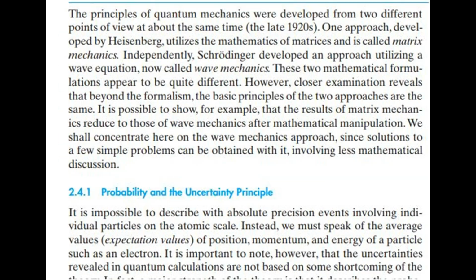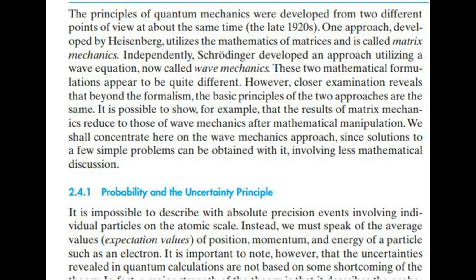The principles of quantum mechanics were developed from two different points of view at about the same time, the late 1920s. One approach, developed by Heisenberg, utilizes the mathematics of matrices and is called matrix mechanics. Independently, Schrödinger developed an approach utilizing a wave equation, now called wave mechanics. These two mathematical formulations appear to be quite different.